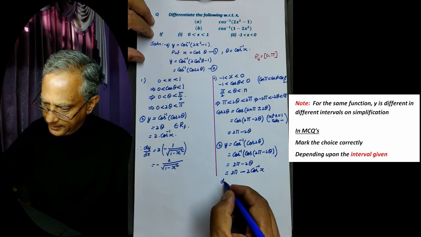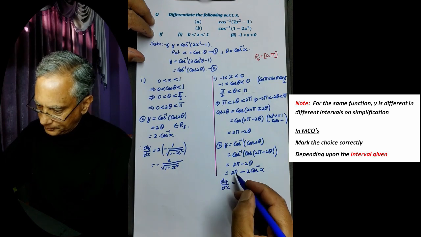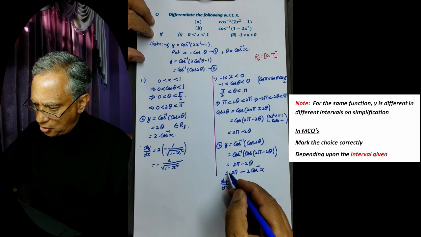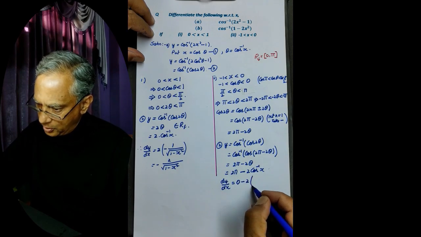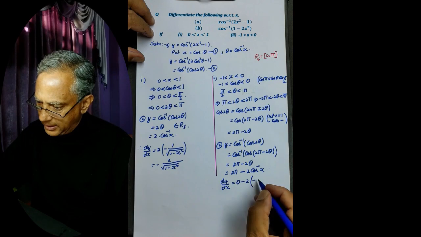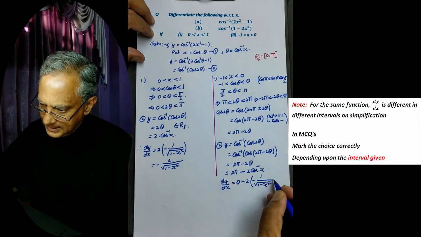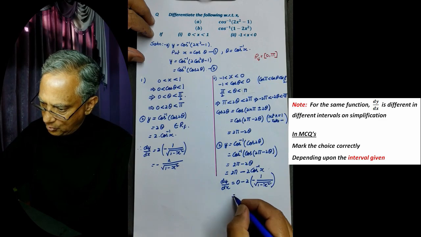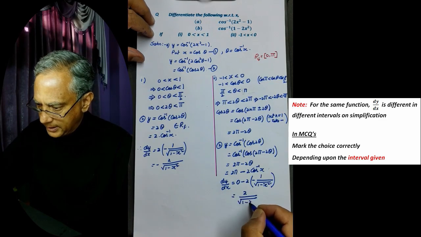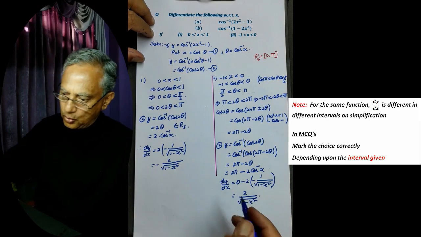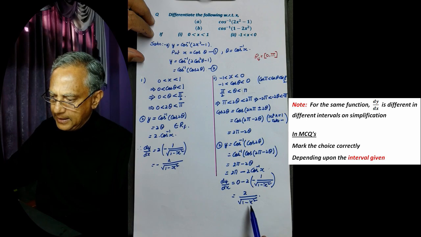And therefore dy by dx is equal to the derivative of the constant, which is 0, minus 2 into the differentiation of cos inverse x, which is minus 1 upon under root 1 minus x square. This is equal to 2 over under root 1 minus x square. So the derivative is 2 over under root 1 minus x square.